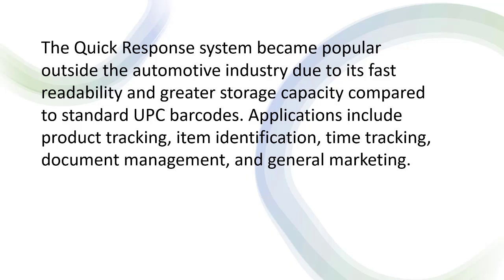The quick response system became popular outside the automotive industry due to its fast readability and greater storage capacity compared to the standard UPC barcodes. Applications include product tracking, item identification, time tracking, document management, and general marketing.